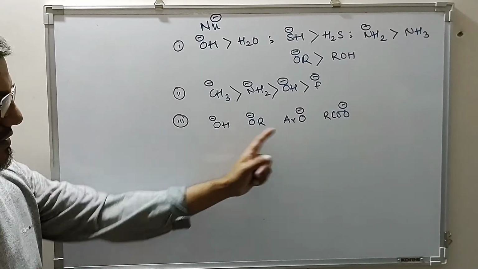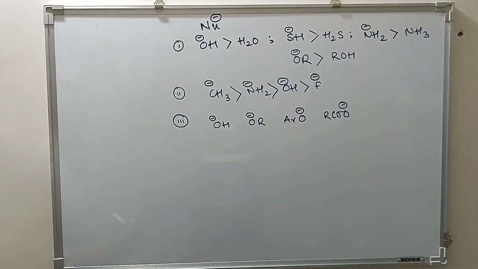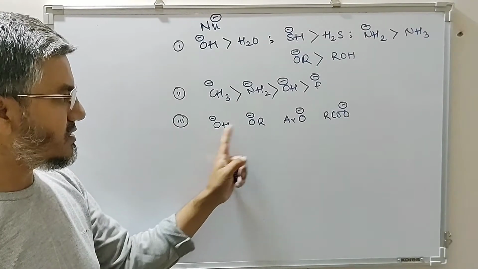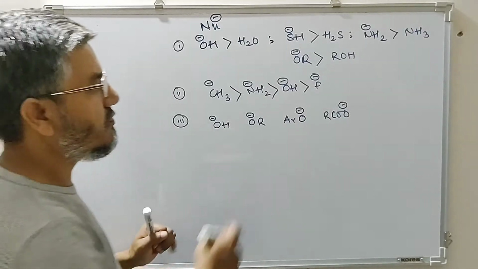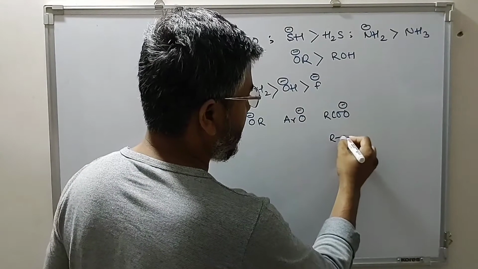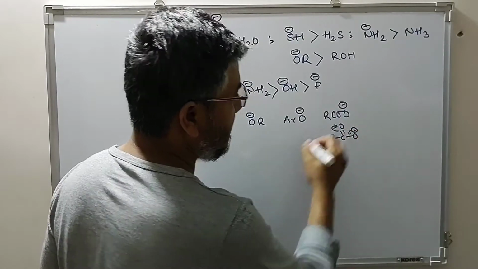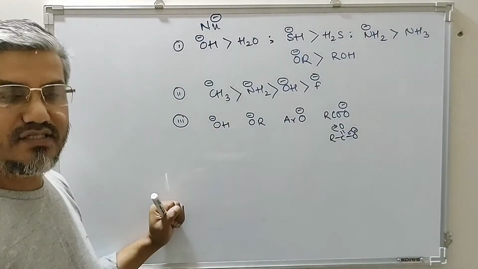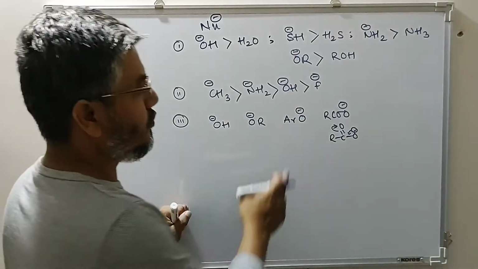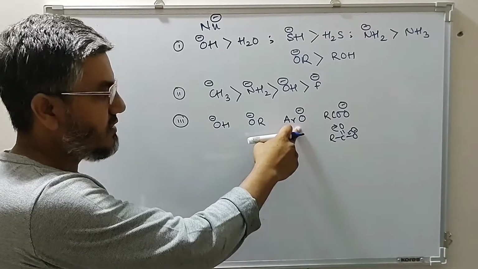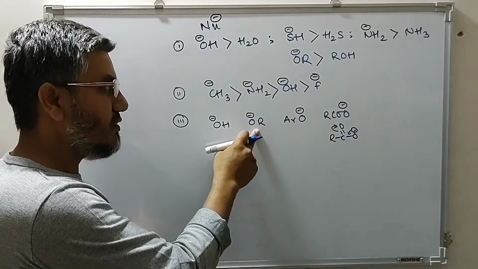This is the nucleophilic oxygen. In the case of RCOO minus, there is a possibility of delocalization. As the delocalization increases, electron density will decrease. In phenoxide there is also a possibility of delocalization, but there is no possibility of delocalization in OR minus.